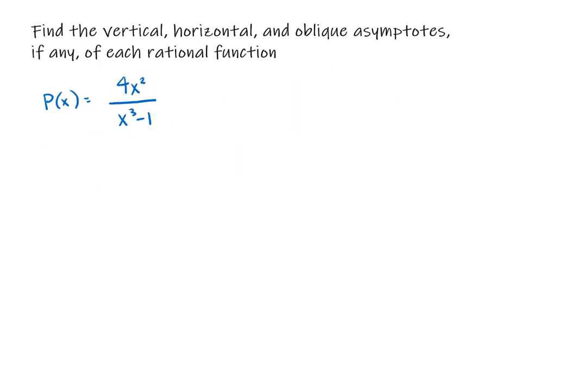For this next question, we have p of x is 4x squared over x cubed minus 1. Let's go ahead and factor the denominator. Now this is a special difference of cubes, so that's a formula that you should already have memorized. And we have x minus 1 as our linear factor, and x squared plus x plus 1 as an irreducible prime factor.